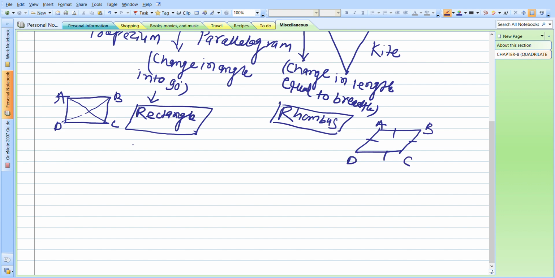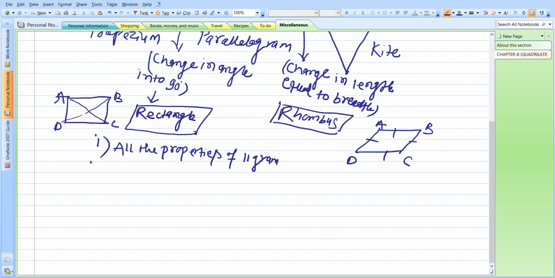In both cases, rectangle and rhombus, when you define the properties, the first property is always that you have to write all the properties of a parallelogram, because these are types of parallelogram.